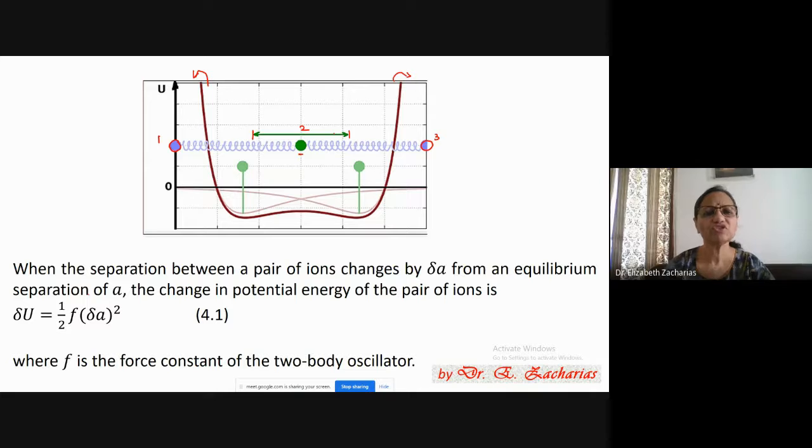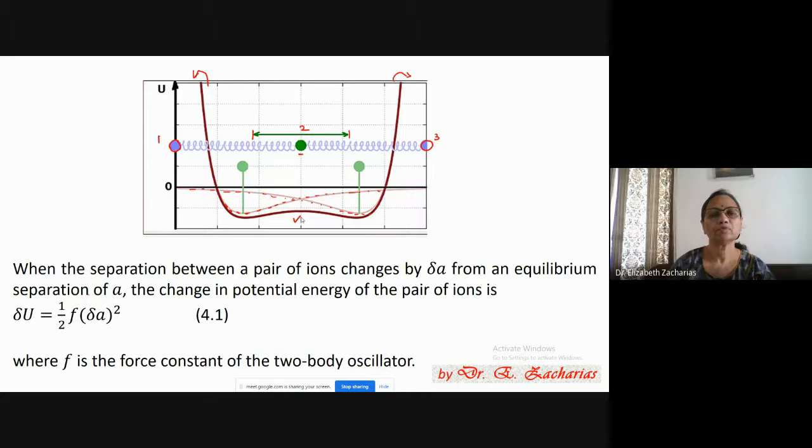And how do I know this is the shape? For that, look at this graph. This is the potential energy graph for one of them. Do you remember the potential energy graph? This is the potential energy graph for the second atom, and the combination is this thick line.